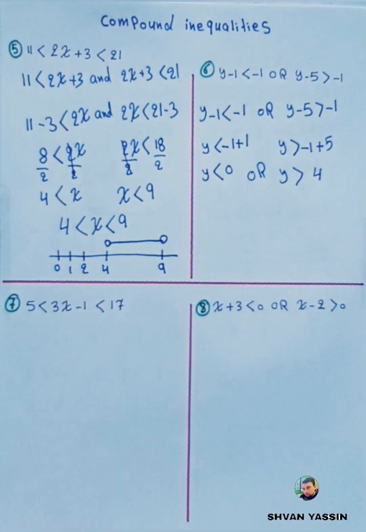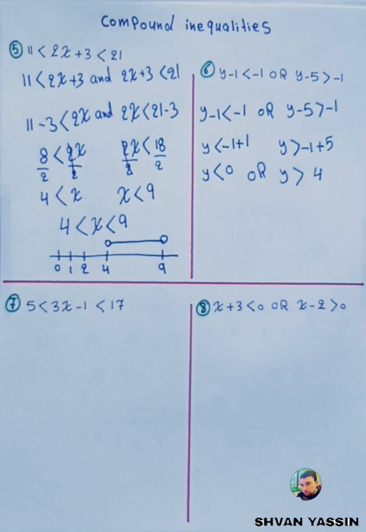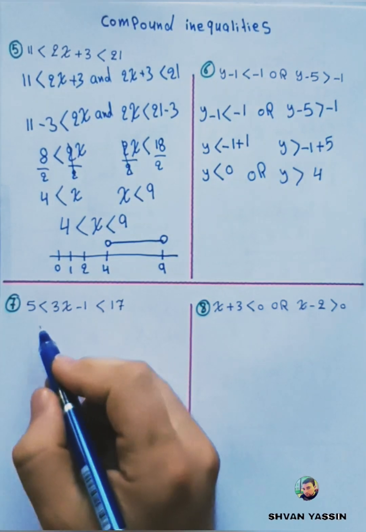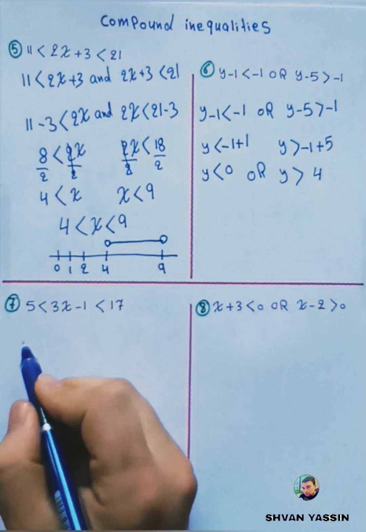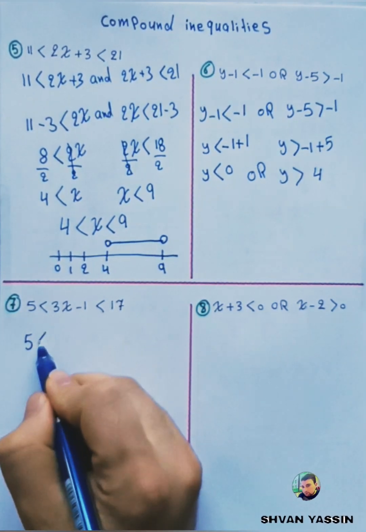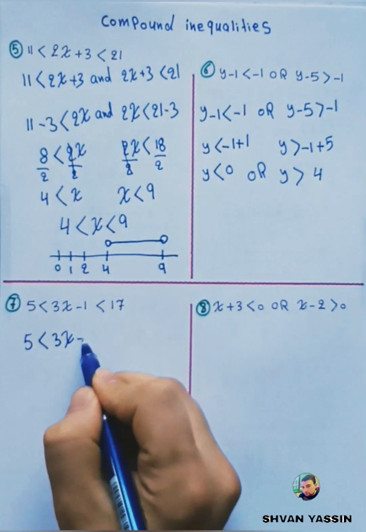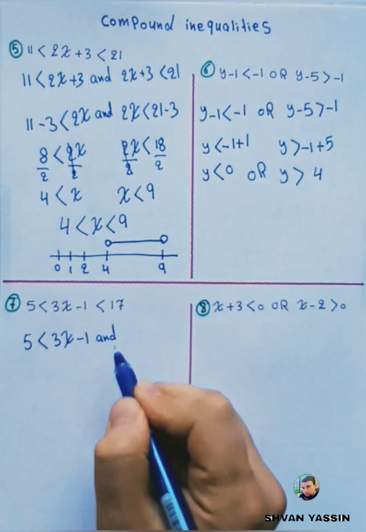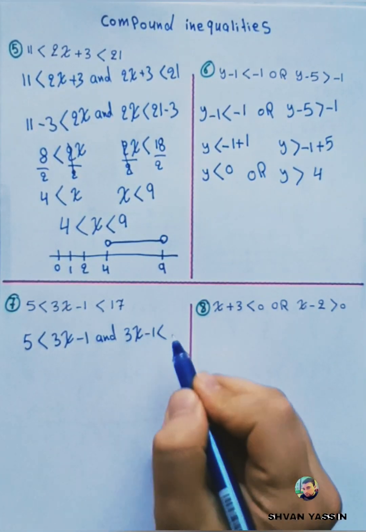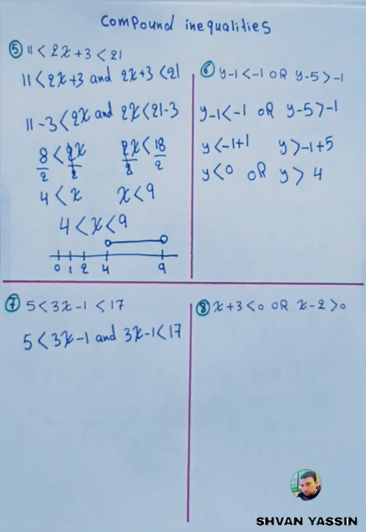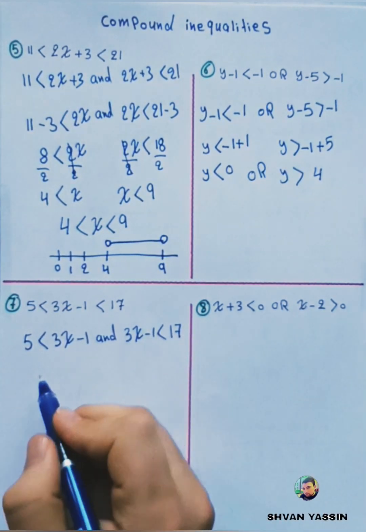Another example, example number 7. We have to separate the inequalities. So we have 5 less than 3x minus 1 and 3x minus 1 less than 17. And then we have to solve each inequality apart.